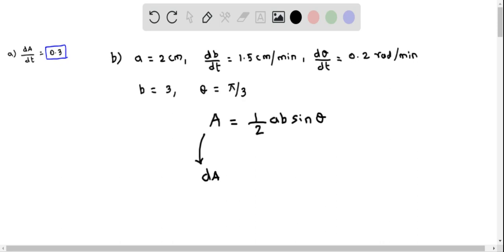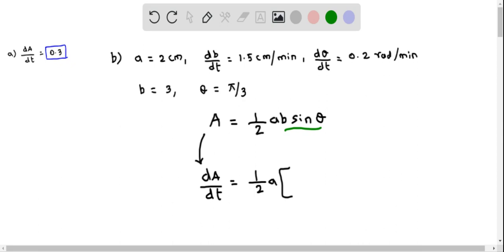So let's write dA by dt, and this equals, we consider a as constant, so we write half a. Then we have to apply the product rule to differentiate b sine theta because these two quantities change.